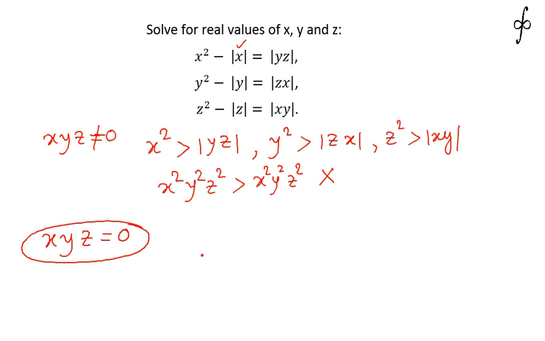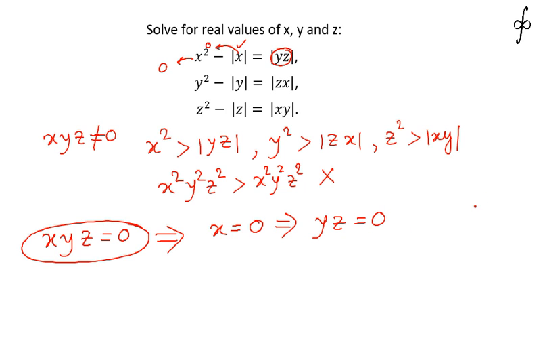Now the product xyz is equal to 0, that may lead to the possibility that x is equal to 0. Now you can see that if x is equal to 0, then this will be 0 and this is 0, so naturally the product yz will be 0.